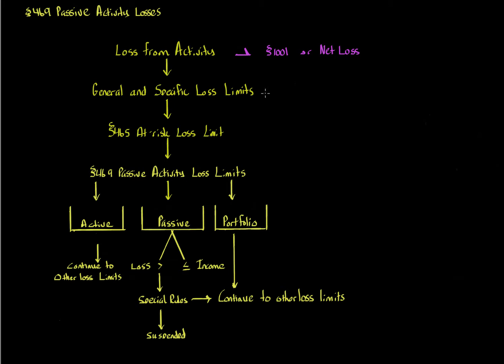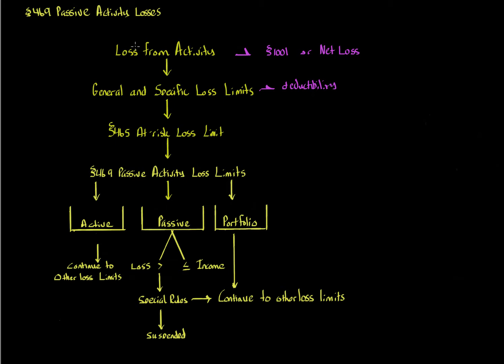The general loss provisions deal with Section 165, and in Section 165 there are the big three types of activities with respect to losses: business, investment, and personal activities. Business and investment losses are generally allowed to be deducted, but personal losses are not. That's the general rule. Specific loss limits deal with related party transactions, wash sales. There are others throughout the tax law, but those are some of the bigger ones.